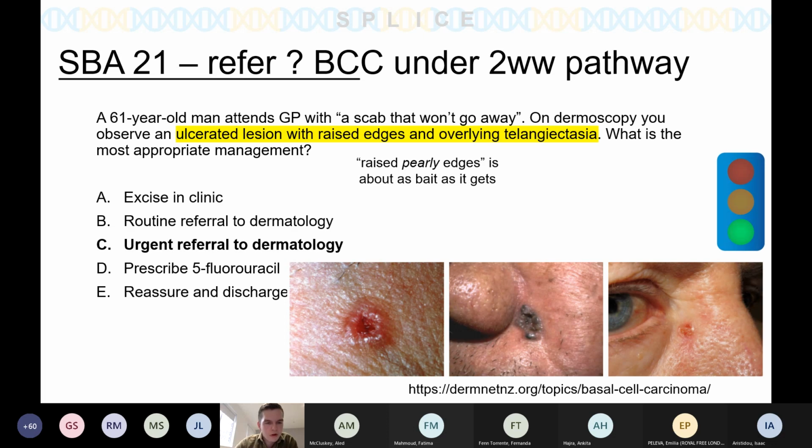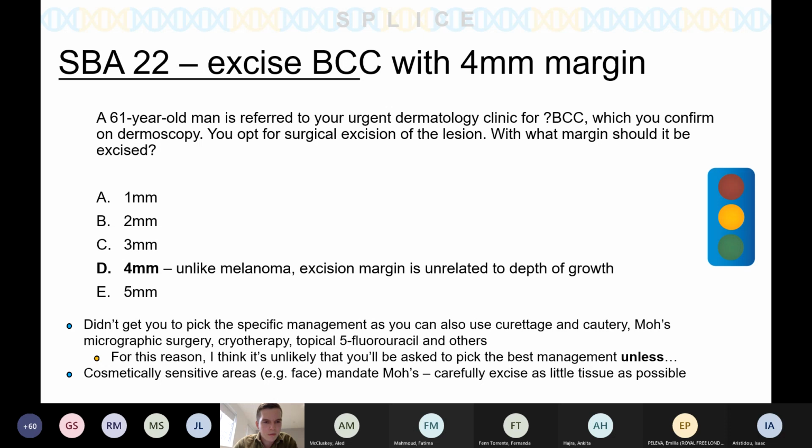There are several options. So 5-fluorouracil, which I think is a cytotoxic maybe. It's like the bazooka, that verruca treatment, but for cancer. There are different ways to manage it. So you can use topical therapy, you can excise it, you can use Mohs micrographic surgery if it's in a cosmetically important area. So I don't think you'd have to pick the management.